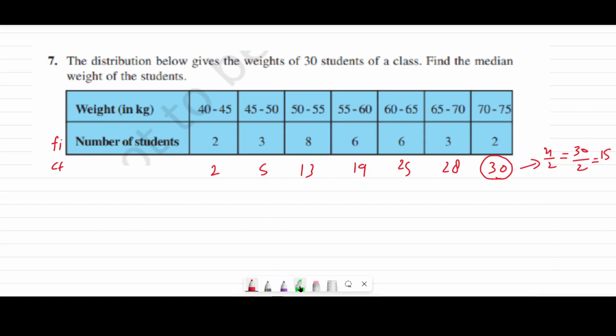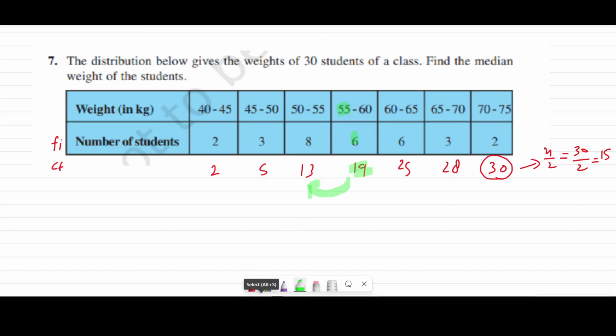So where is 15 situated? This is the point, here 19. So the preceding cf, that means for CF we should move to before this class, 13. Now here F, here the lower class limit.